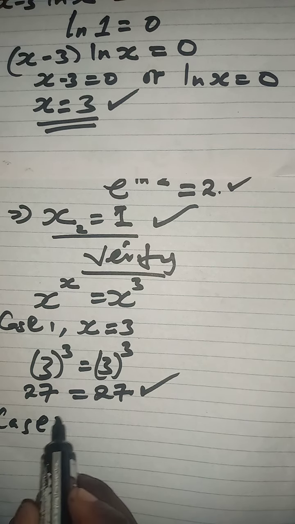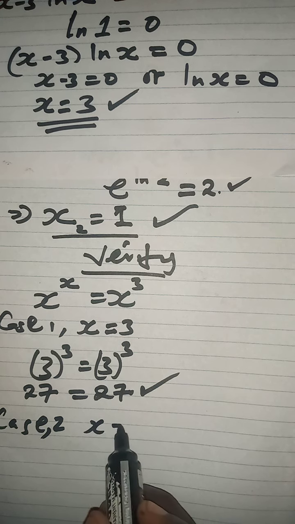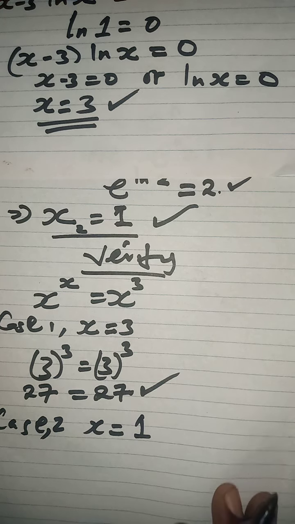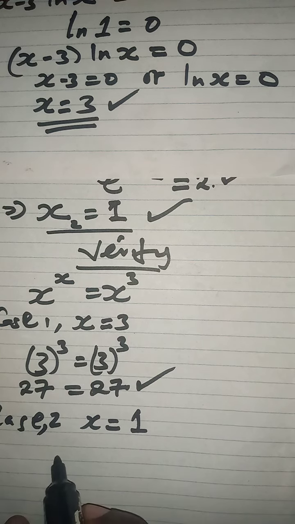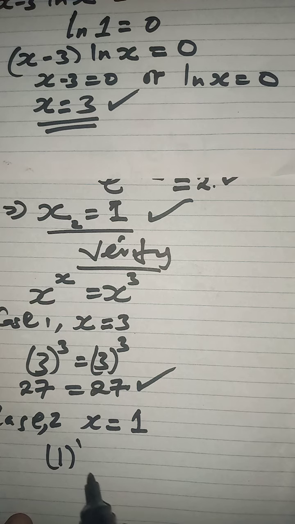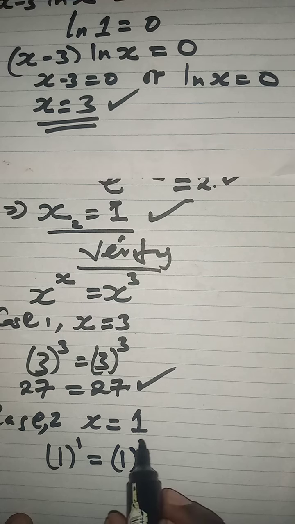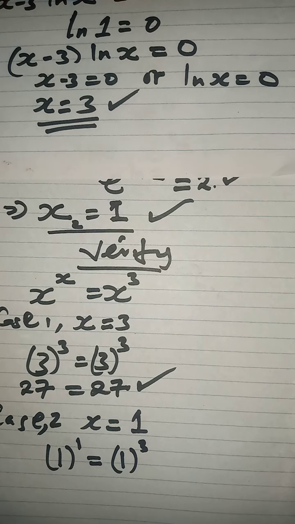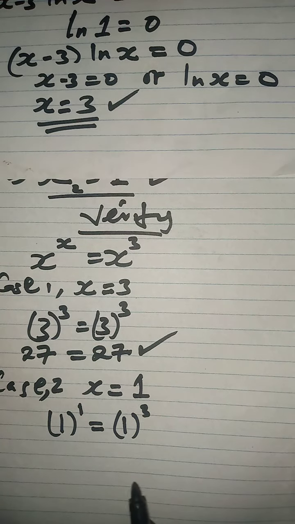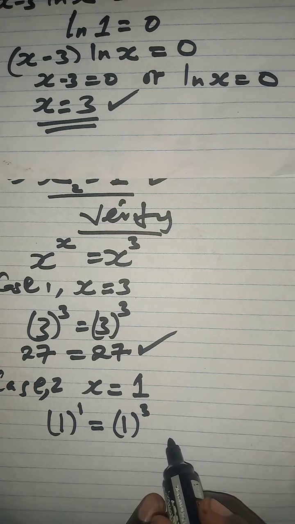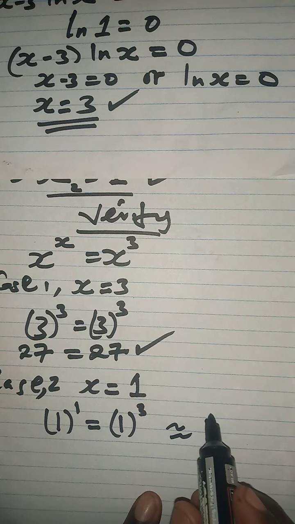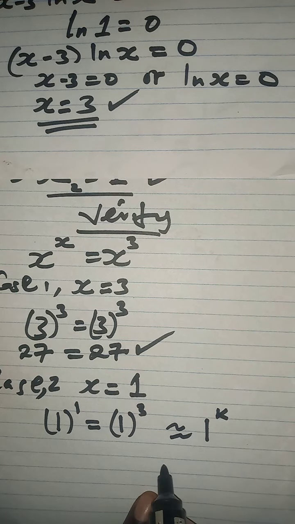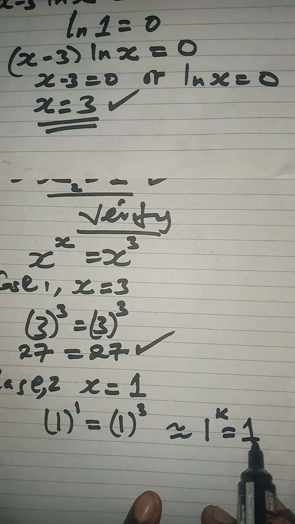For case 2, the value of x was 1. Substituting 1, I get 1 raised to power 1 is equal to 1 raised to power 3. Recall that 1 raised to any given number will always be equal to 1.